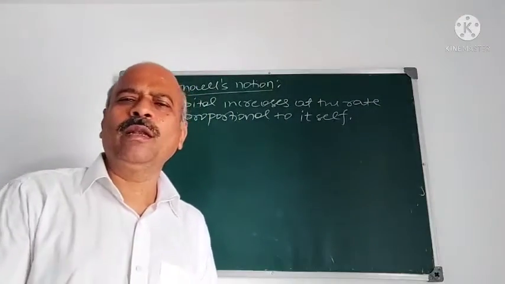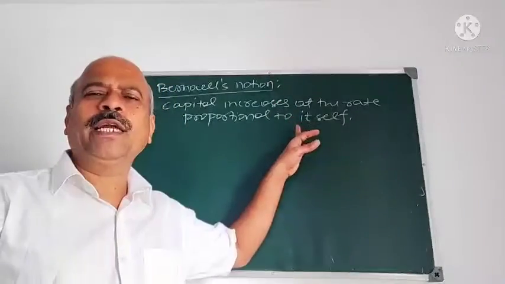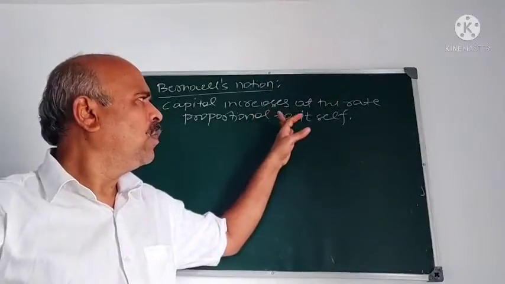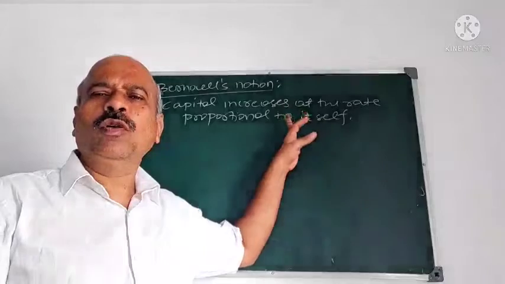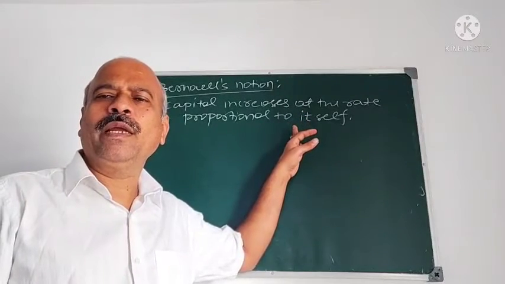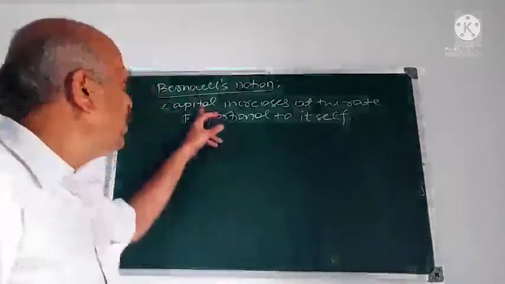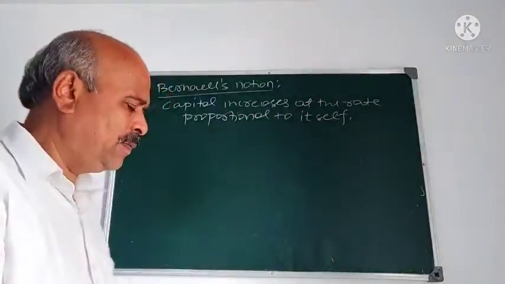What do you mean by capital? You are all science students, but you should have that idea. Capital means the working capital, the amount of money required for any business. Capital increases at a rate proportional to itself.